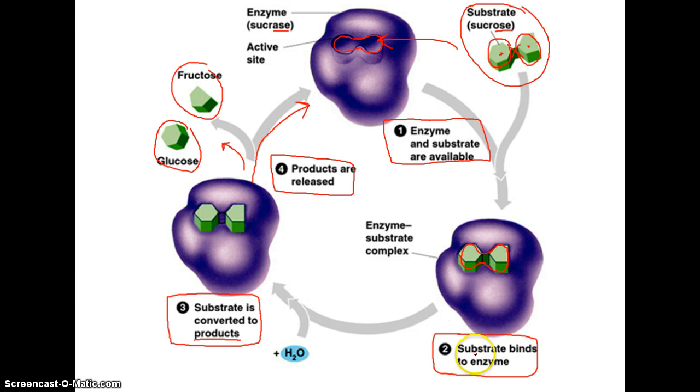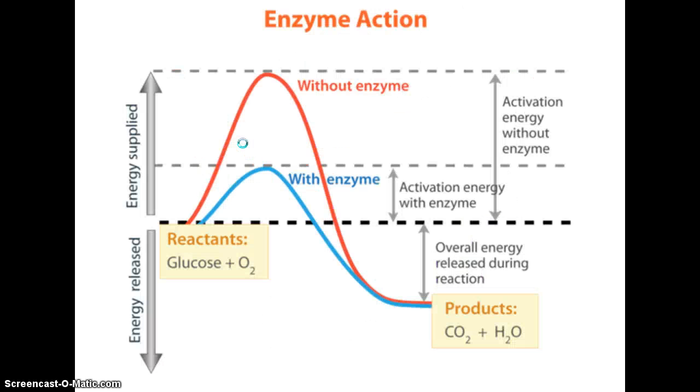If we go all the way through our cycle and we've broken that sucrose inside of the enzyme and we've released its 2 parts, glucose and fructose, those in a chemical reaction are known as the products, or the ending materials. So we start with an enzyme and we start with a reactant or several reactants, and through the action of the enzyme we make the ending materials of this process known as the products.